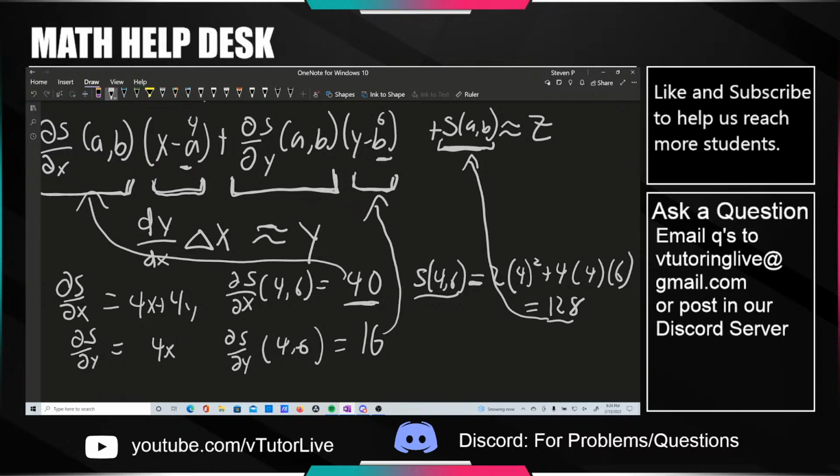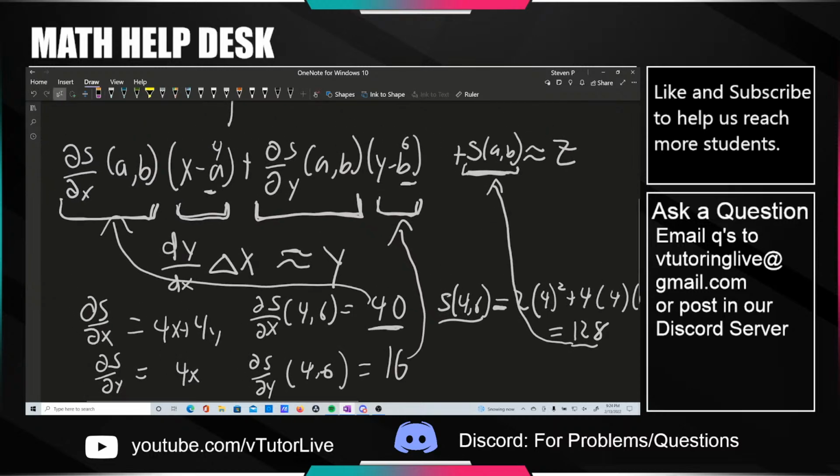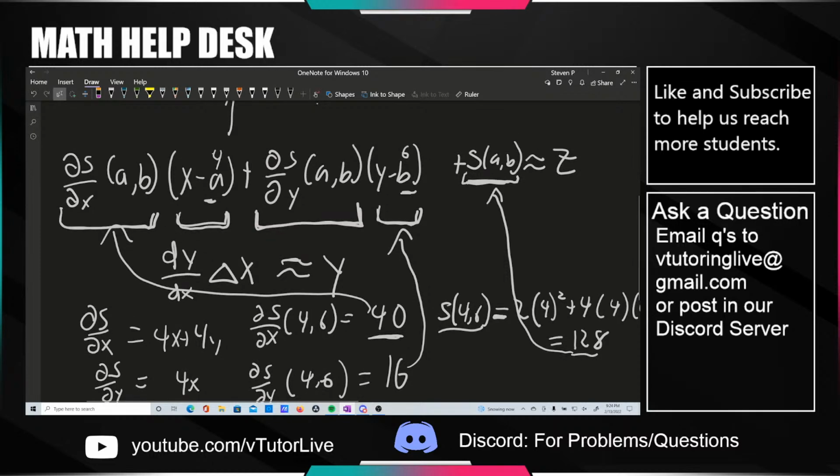And at that point, you can just figure out what z is supposed to be. Right? At this point, we're plugging in genuine numbers. And the very last piece of this puzzle is going to be plugging in the 4.2 for x and the 5.9 for y. Does that make sense?